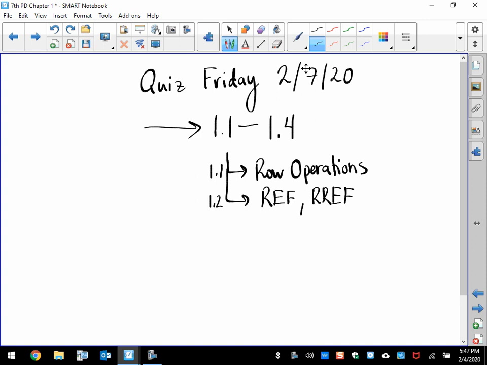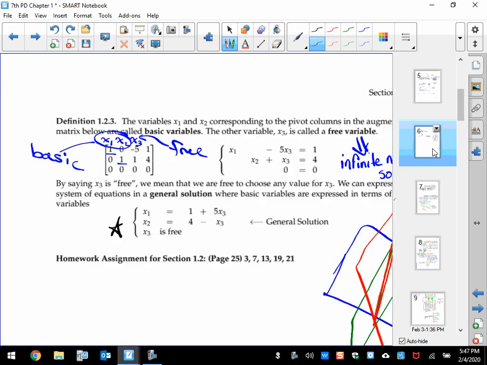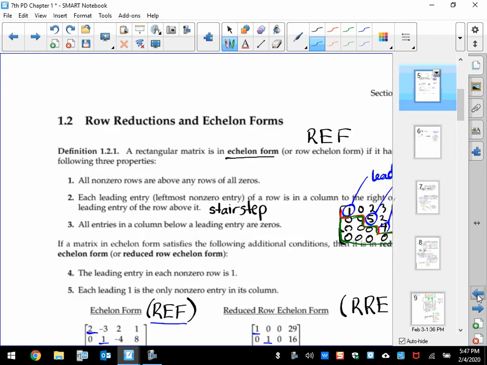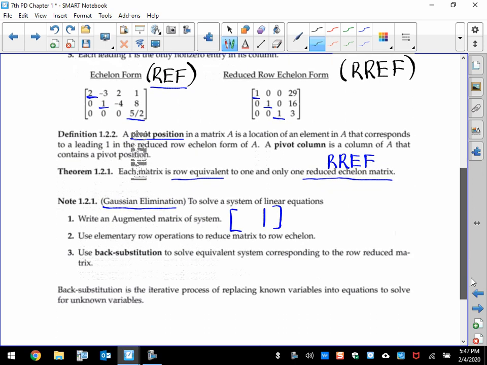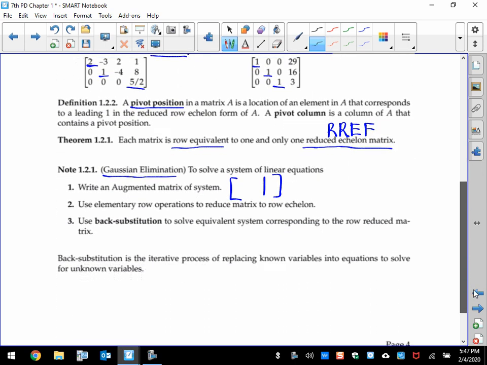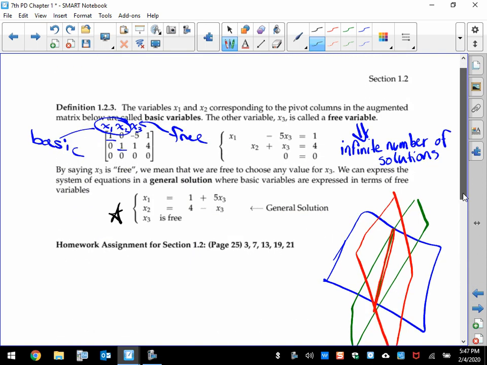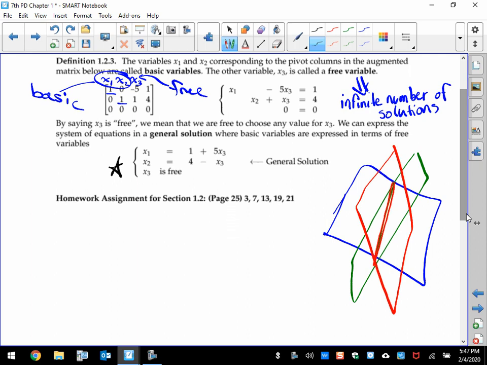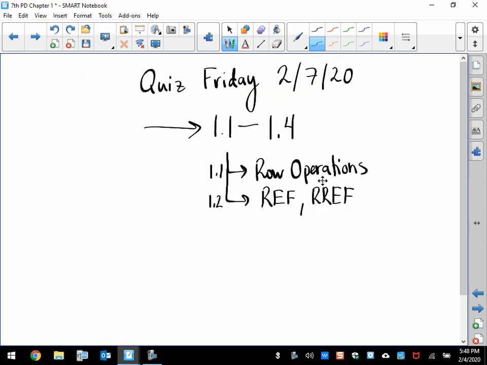I think that was it. Let's go look real quick. Elimination, pivots, so that we had learned the vocabulary of pivots at that point, of course. And we talked about general solutions, so that's something else. So we'll say general solution.